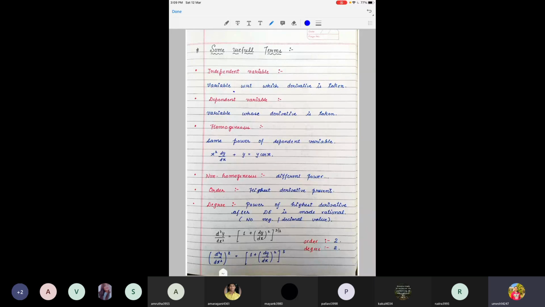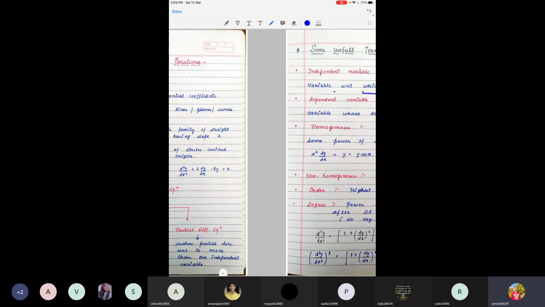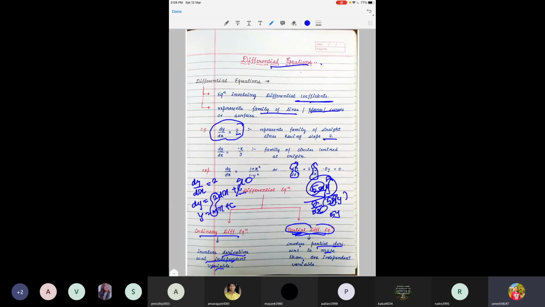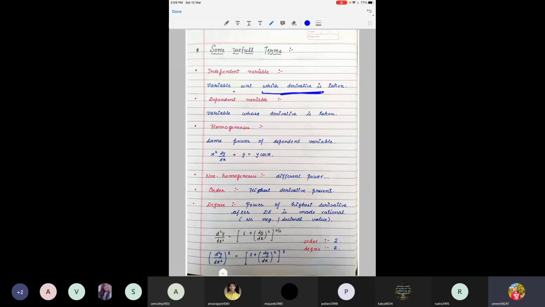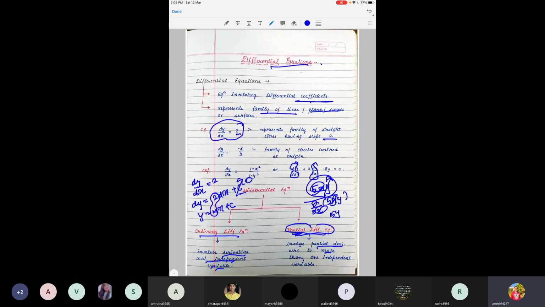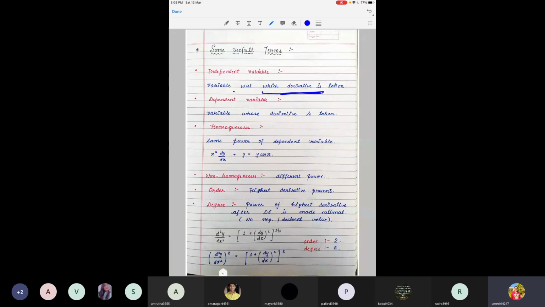An independent variable is just the variable with respect to which the derivative is taken. Here, we are taking the derivative with respect to x, so x is the independent variable. If we are asked to differentiate with respect to y, then y is the independent variable and x is the dependent variable. So what is a dependent variable? It is the variable whose derivative is taken, the one whose derivative we are finding, and the one with respect to which we find it is the independent variable. I hope things are clear to you.